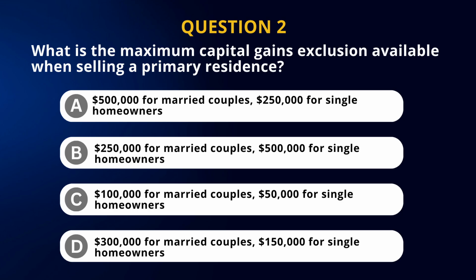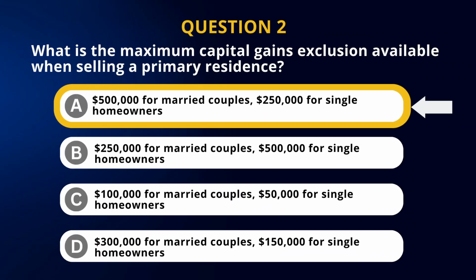Letter C, $100,000 for married couples, $50,000 for single homeowners. Letter D, $300,000 for married couples, $150,000 for single homeowners. And the answer is letter A, $500,000 for married couples and $250,000 for single homeowners.